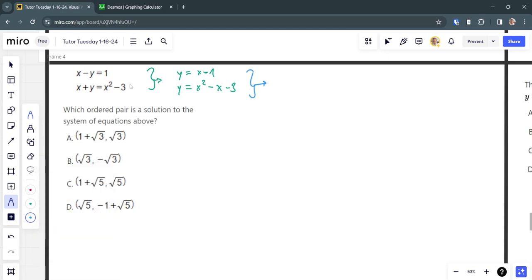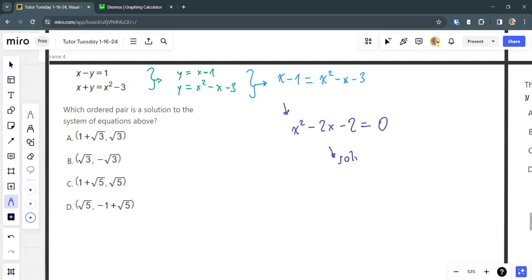What we can do from here is set those two equations equal to each other to see where they intersect. So x minus 1 equals x squared minus x minus 3. Then you would have to solve this out. So you'd probably do something like x squared minus 2x minus 2 equals 0.